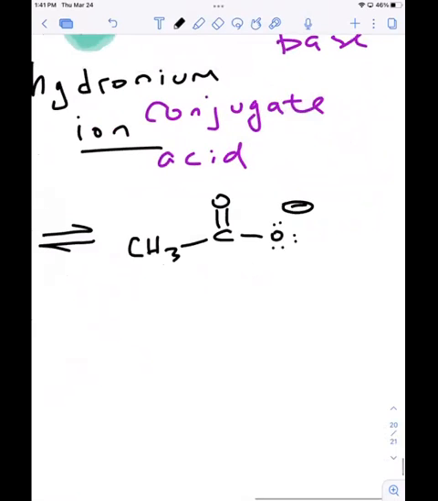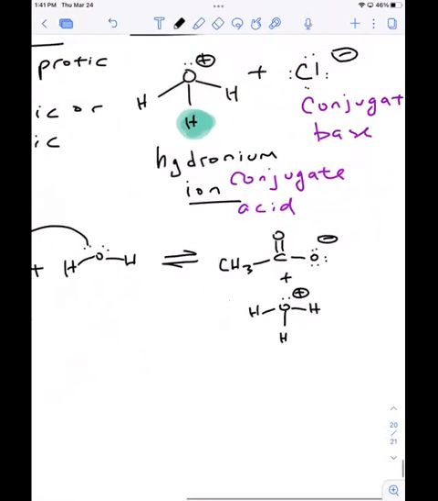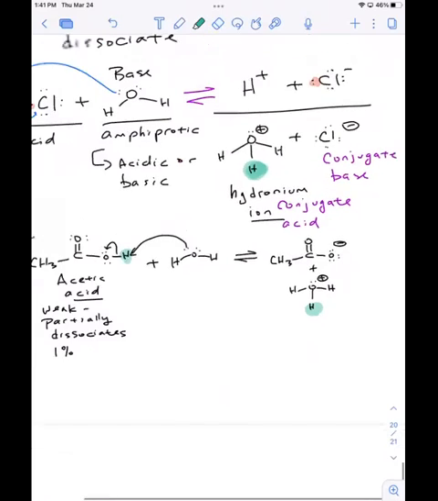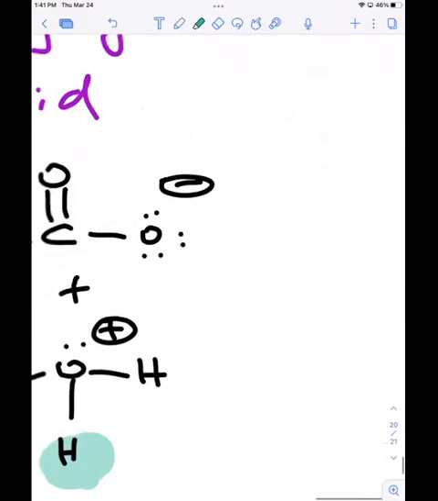That's negative. And then you have this as your conjugate acid, where it picked up that proton. Right, this ion, we've seen this before.